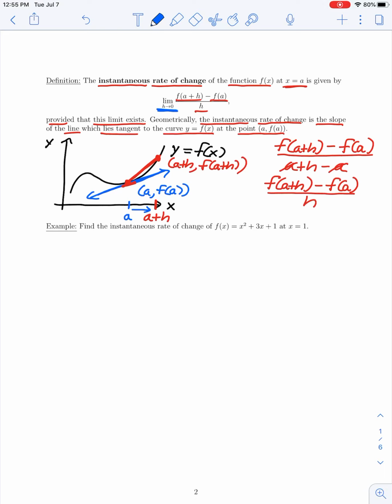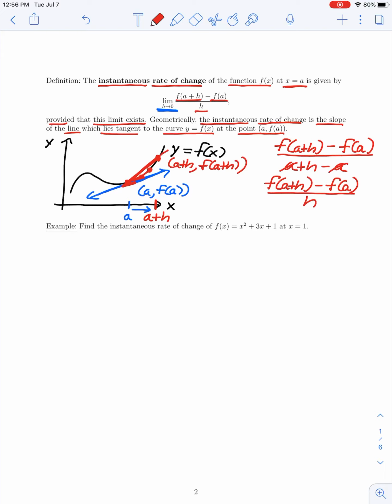As h starts shrinking to 0, I'm moving these 2 red points on my curve closer together. As h gets smaller and I move these 2 points closer to each other, I start getting lines whose slopes are approaching the slope of this blue line which lies tangent to my curve.